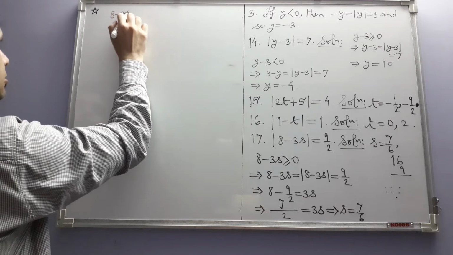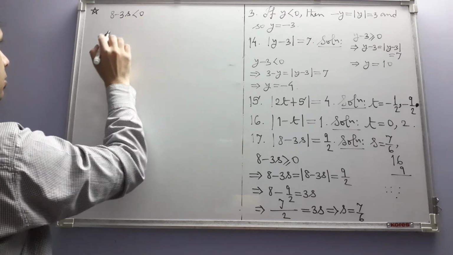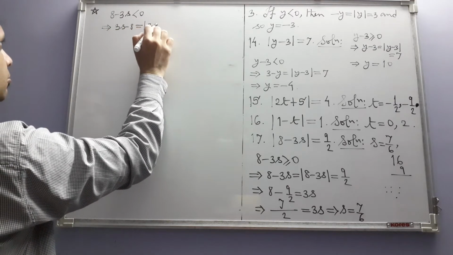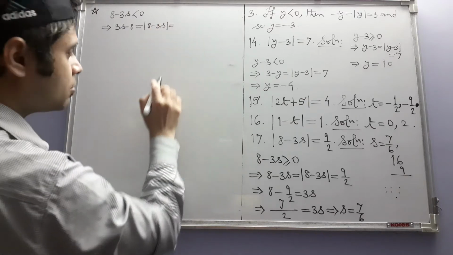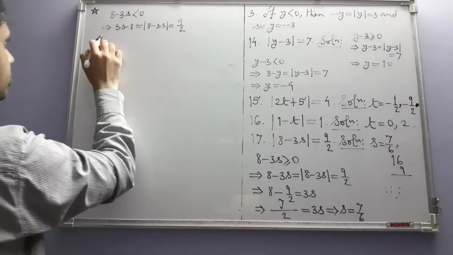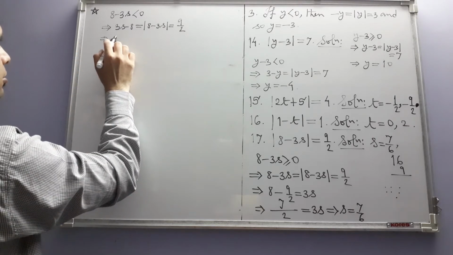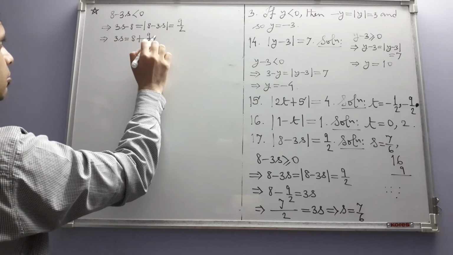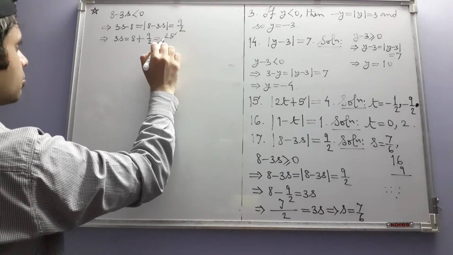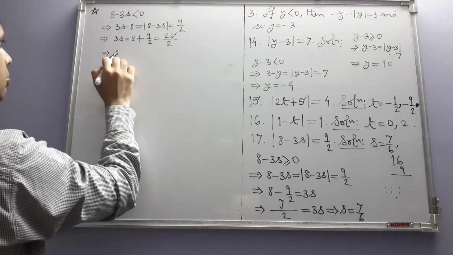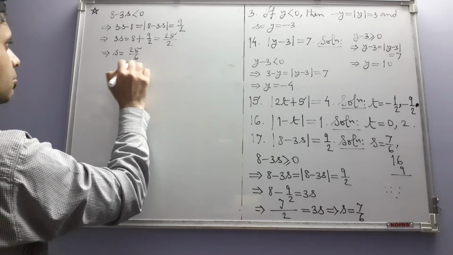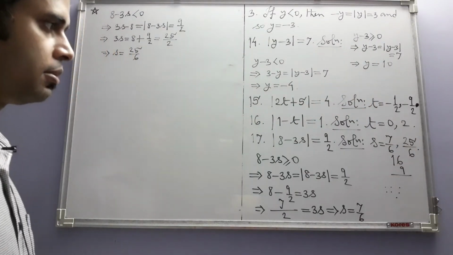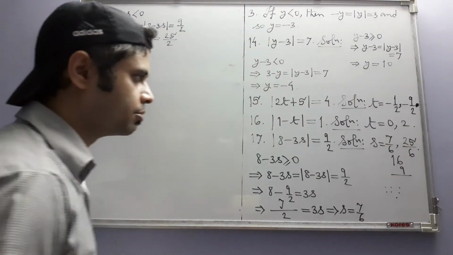If 8 minus 3s is less than 0, then so here let's quickly verify whether this is true.